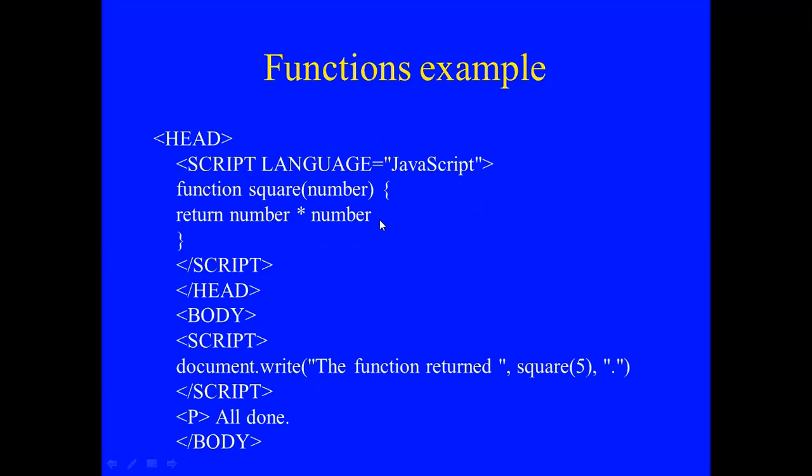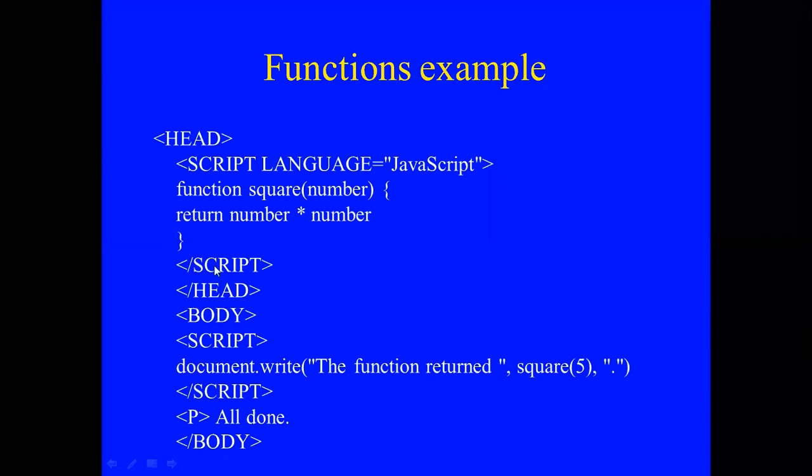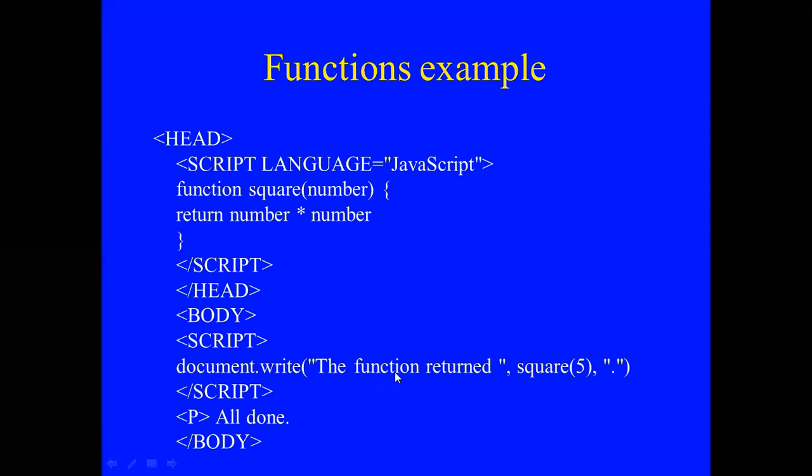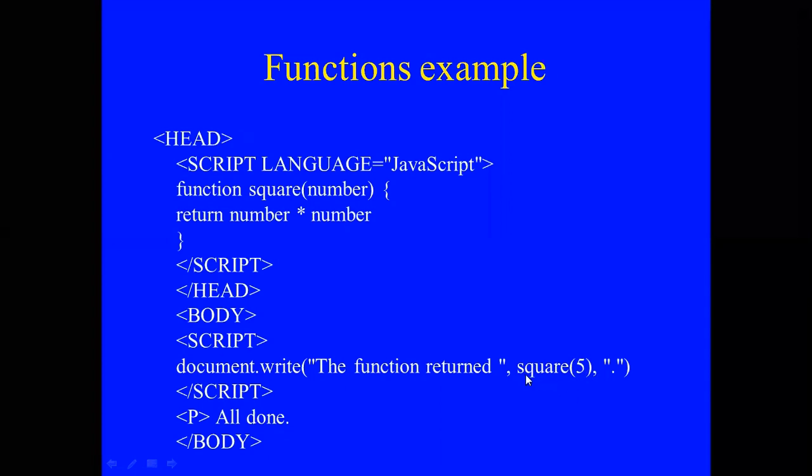That means we are writing the function for square. After that we end that script, and in the next script we are going to print the square of that value. So here you can write document.write, and we call the function square and pass the value 5.